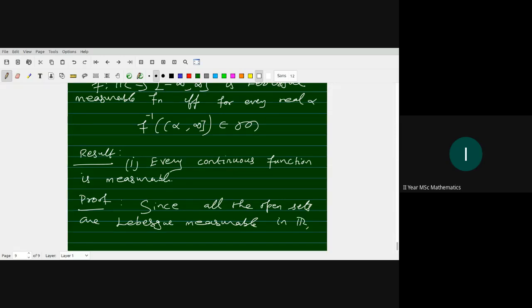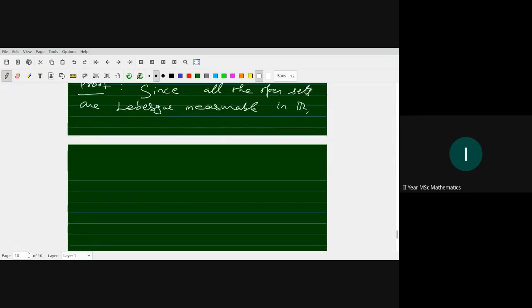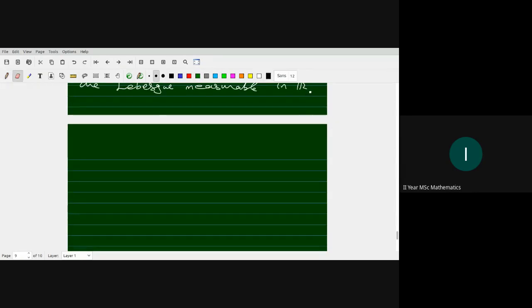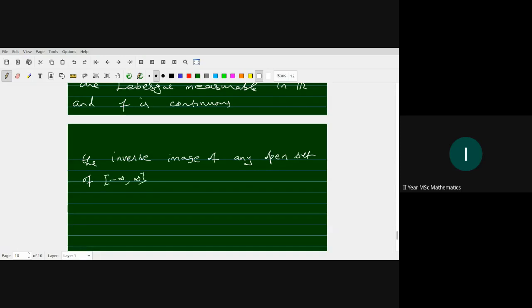So the inverse image of an open set is open here, and since f is continuous, the inverse image of any open set under the function f is open, so it is measurable.